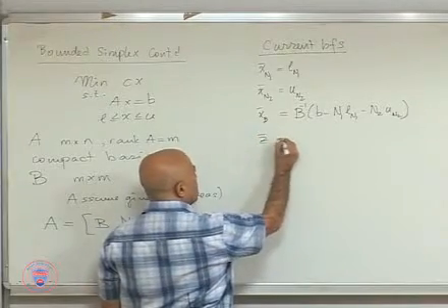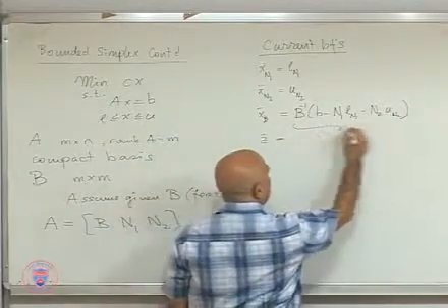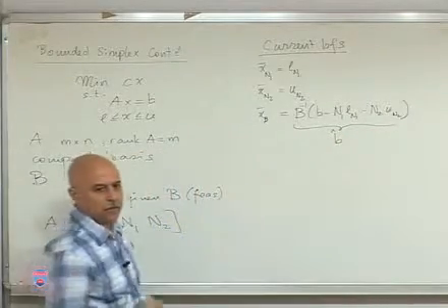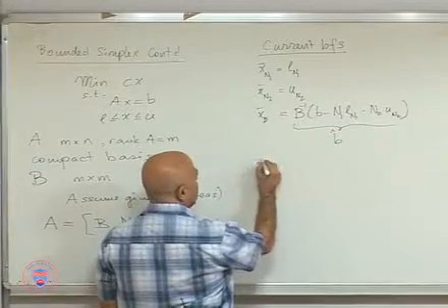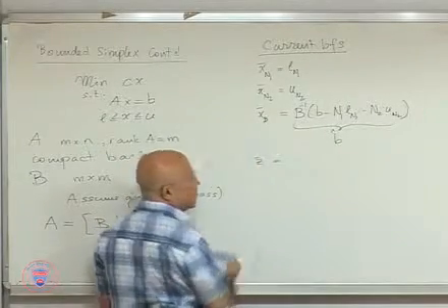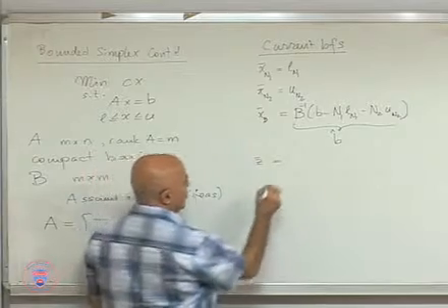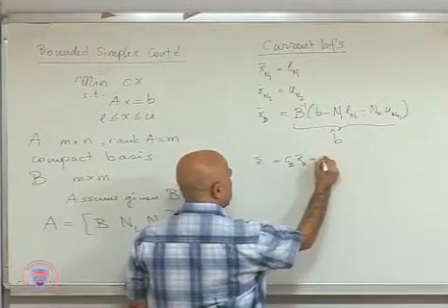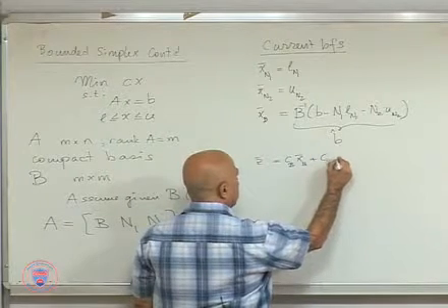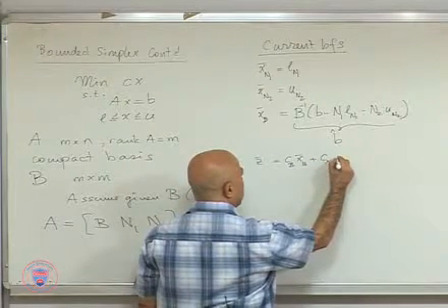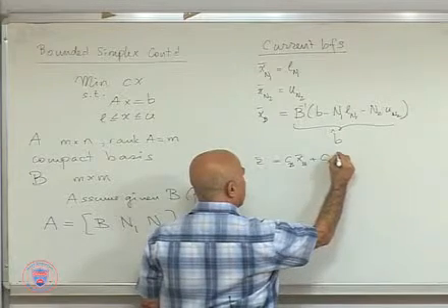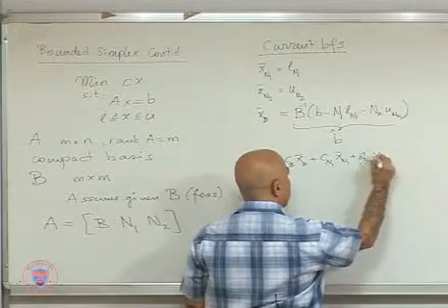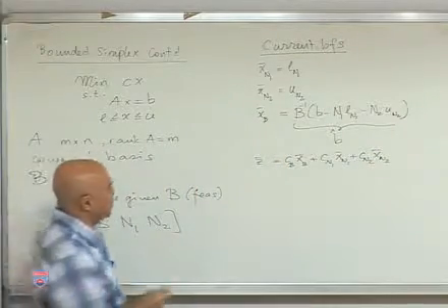And Z bar is, by the way, I gave a name to this. I called it B cap. Okay? That was the name for that. And Z bar, the objective value of the current basic feasible solution, is CB times XB bar plus CN1 XN1 plus CN2 XN2 with their current values.